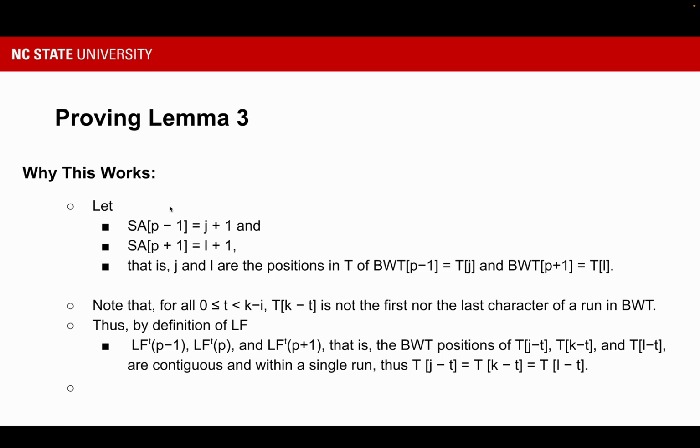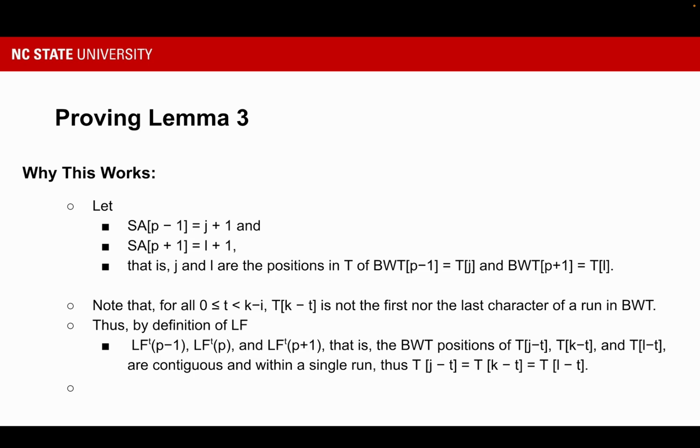So from these two above statements, j and l are the positions of BWT of p minus 1 and BWT of p plus 1 in the text T. Another thing to note here is, for all occurrences of T up to this range of k minus i, i being our position, we have to know that T of k minus i is not the first nor the last character of a run in BWT.